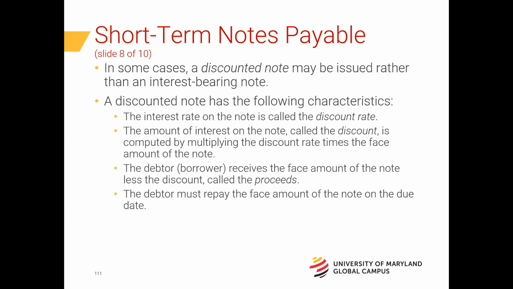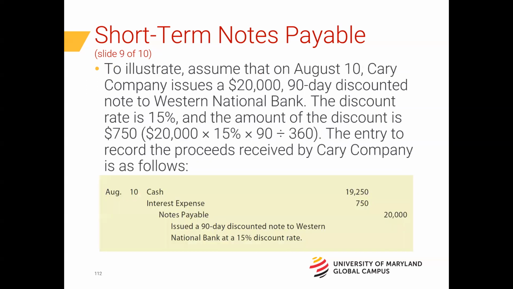Instead of the bank giving us the $4,000 up front, they'll give us $3,850. But we'll still pay them the $4,000 at the end of that 90 days. In other words, they gave us a discount instead of the interest attached that we pay later. Same concept, it's still interest. But instead of it being interest expense, it's a discount to the cash that you were given.